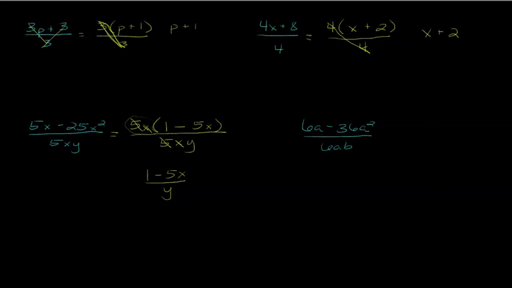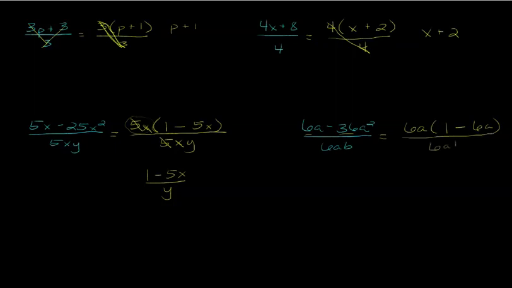All right, on this one, we have a 6. It's the greatest common factor, so 6. The smallest variable is a. This one's going to look very similar to the last one. So then we're left with 6a divided by 6a is 1 minus 36a squared divided by 6a is going to be 6a.